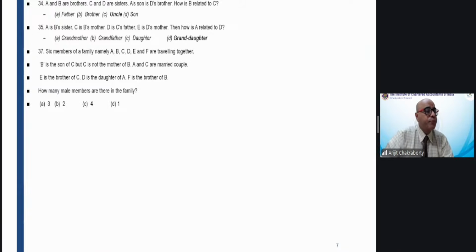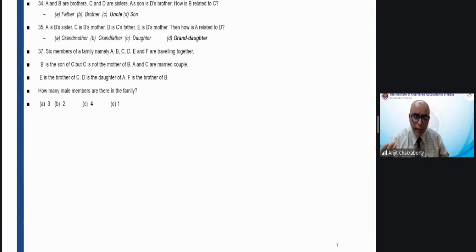इसके बाद है F is the brother of B. Last fact given, F is the brother of B. B का एक भाई है F. Okay. So now the final shape is in front of us. We have A and C. C is the father, A is the mother.